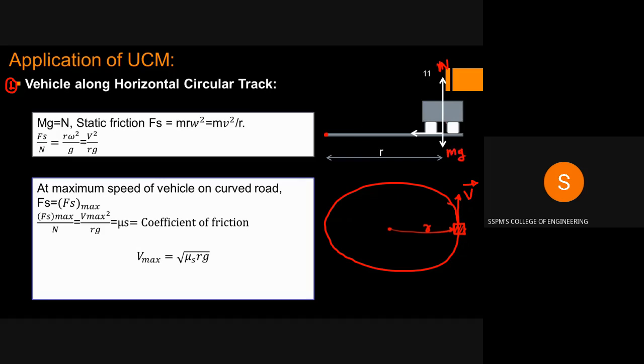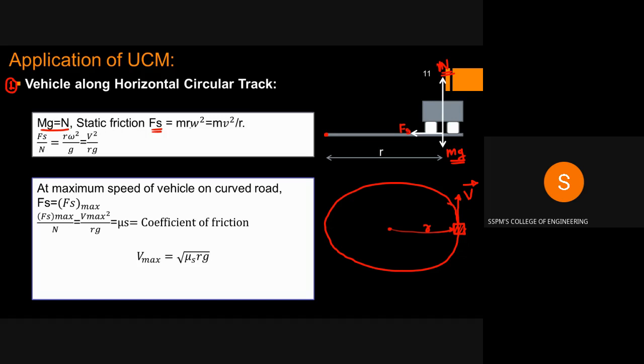Okay, so for the equilibrium, the weight of the vehicle is balanced by the normal reaction which is offered by the road or the ground. So mg is equal to N. Then static friction, fs. This is the static friction, so it will stop this vehicle from skidding.